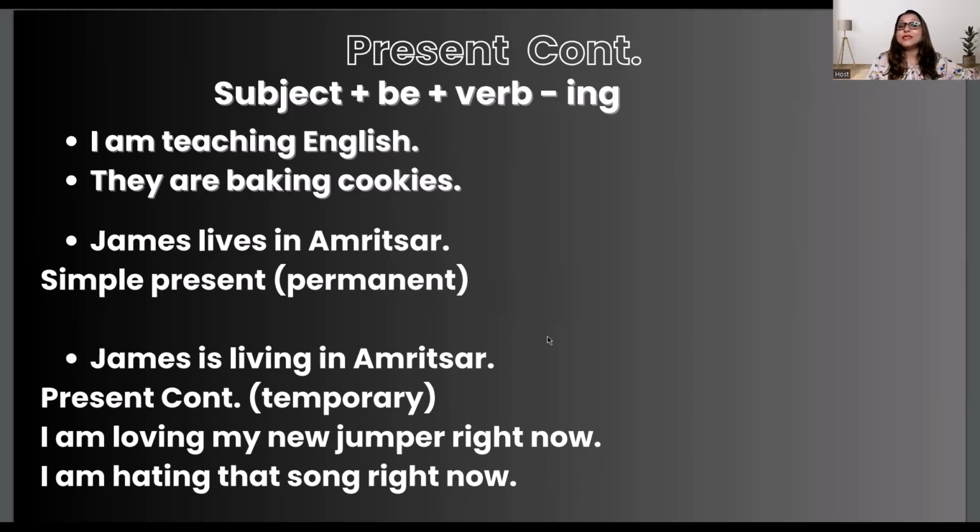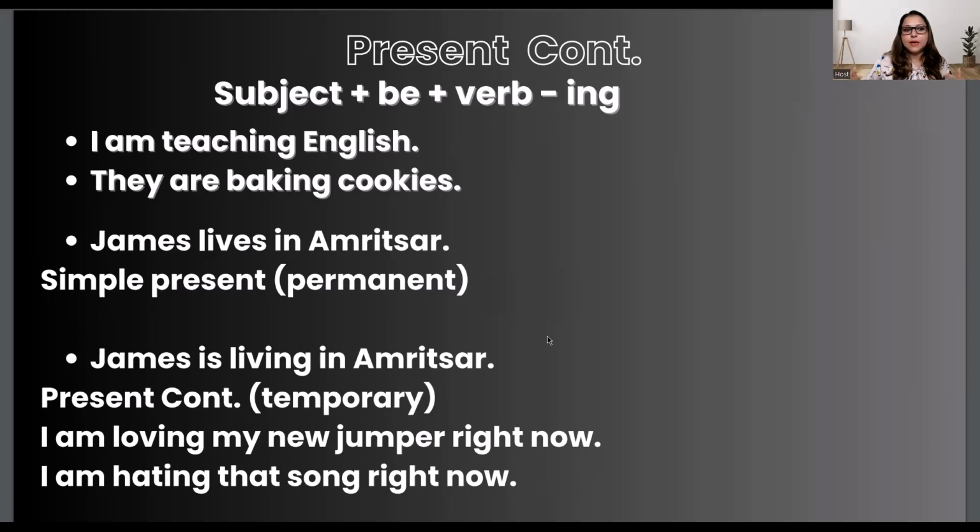So James lives in Amritsar. That means it's more like a permanent thing. But if I were saying James is living in Amritsar, that can be a temporary state. He might be living there for 3 months or 6 months and later on maybe moves back to London or his country.